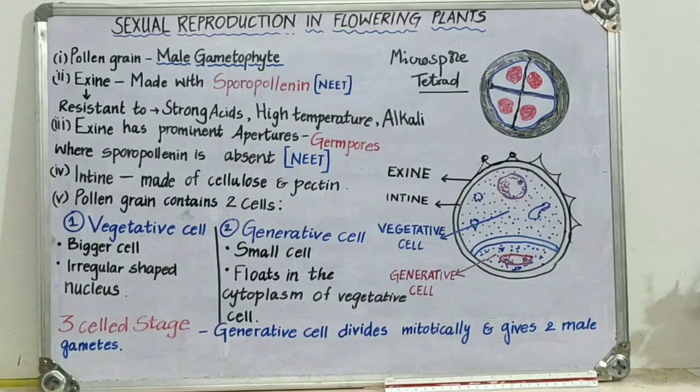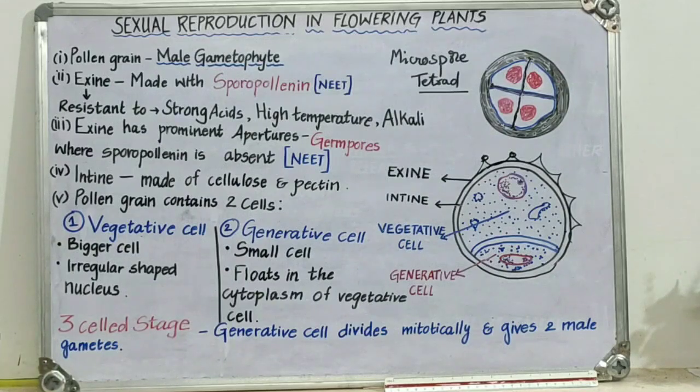So what is viability? Viability means the ability to survive or the ability to live. If you don't know the meaning, please make a note. Viability means the ability to survive or live. Okay. So here what is happening? In rice and wheat, within 30 minutes only.